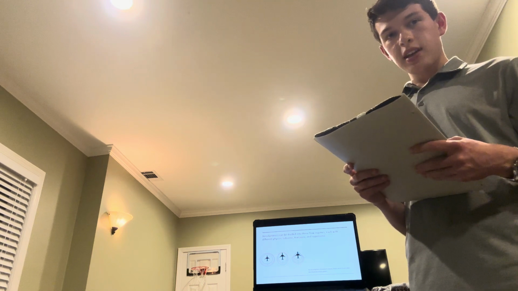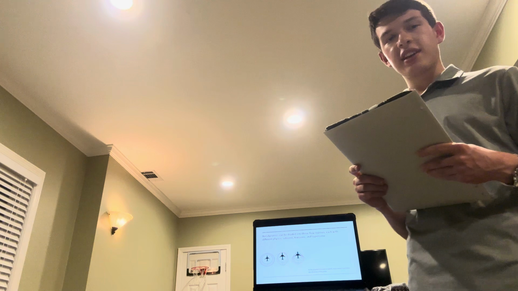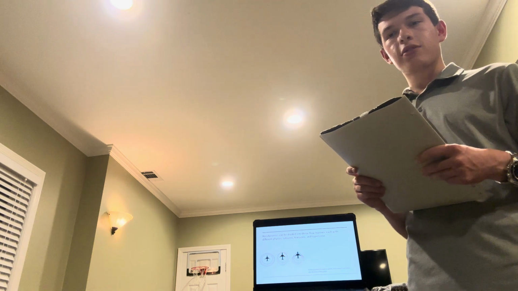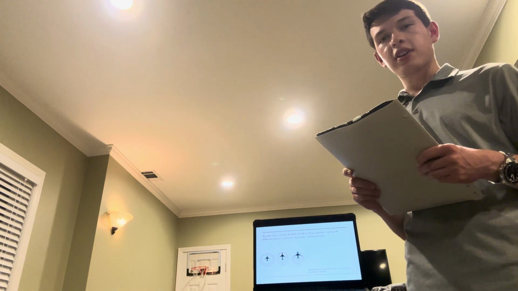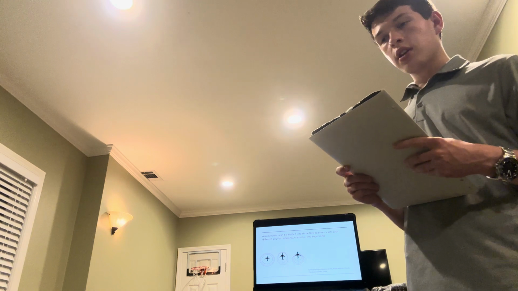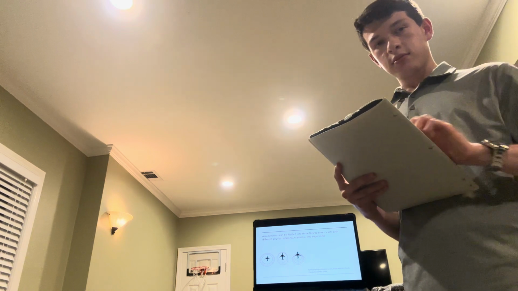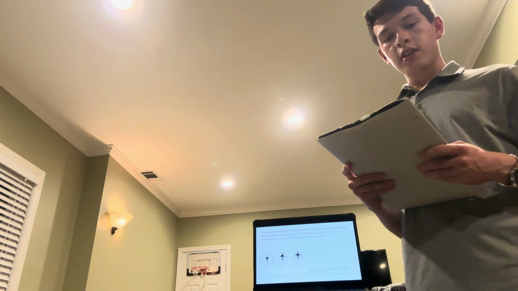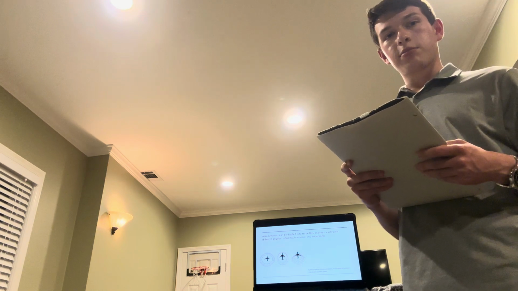But the main principle to understand is that as speed increases from subsonic to transonic to supersonic, you will have shock waves traveling over the plane, over the wings, which causes a lot of problems.